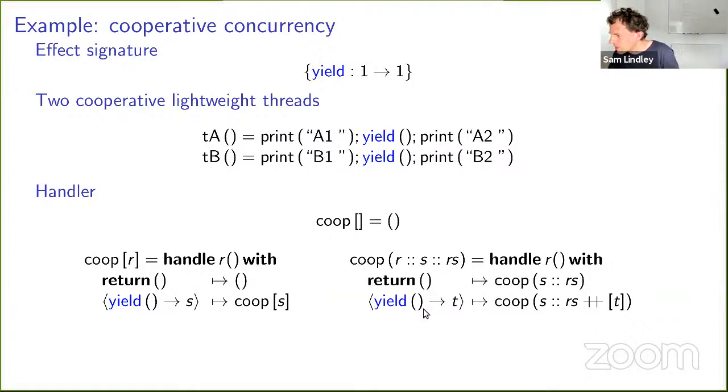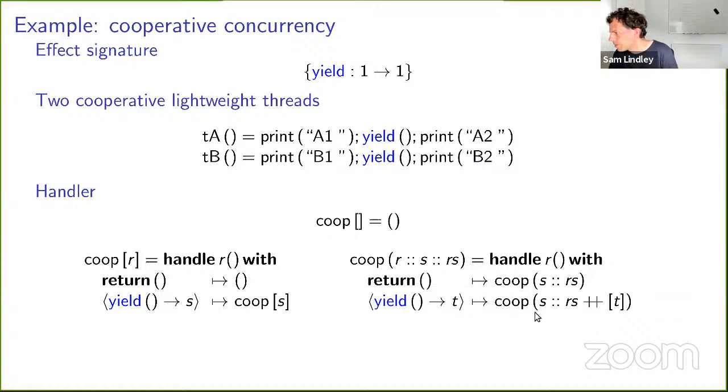Here's where the interesting stuff happens. If we have more than one thread, so this is a list, then we run the first one. If it finishes, then we just carry on, with this one removed from the list. But if we come across a yield, then we get the continuation of the current thread.